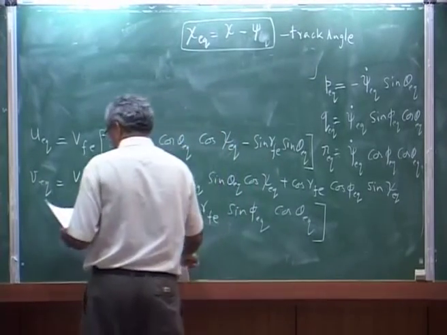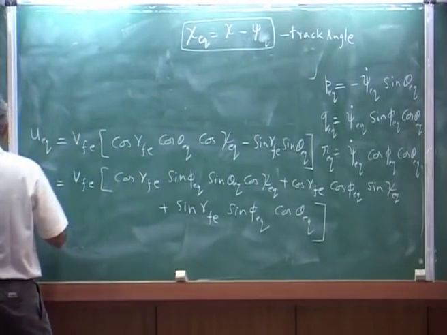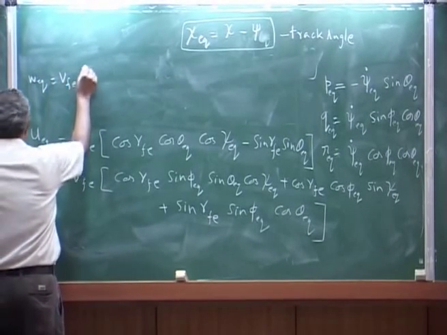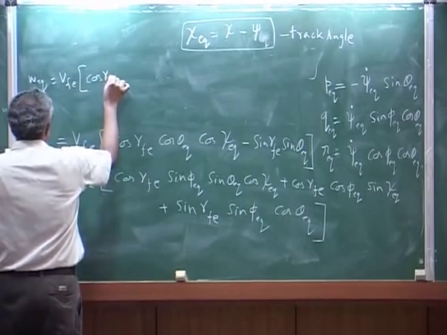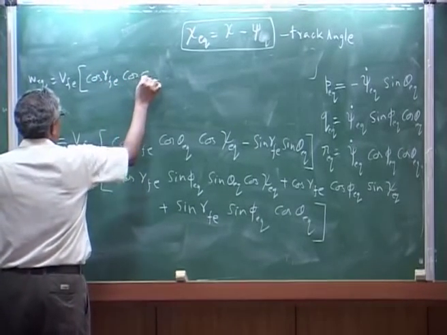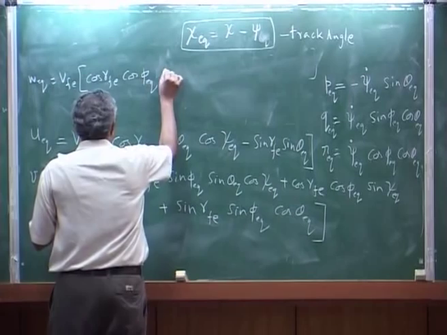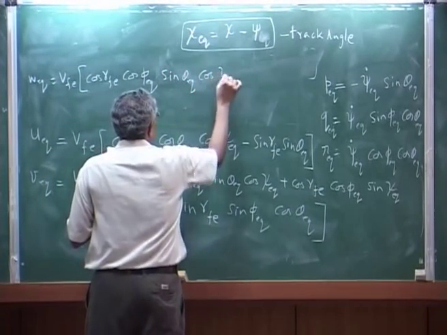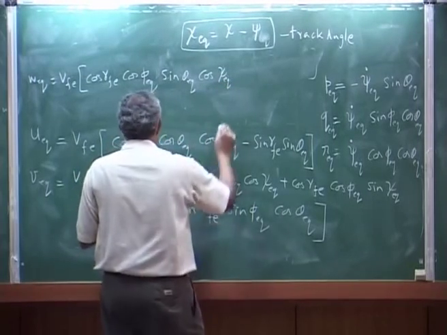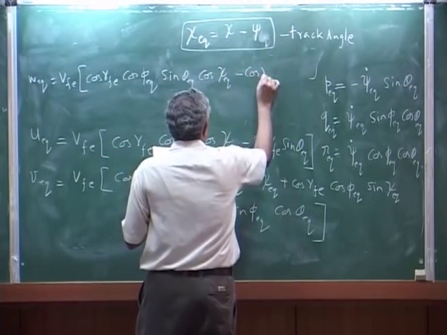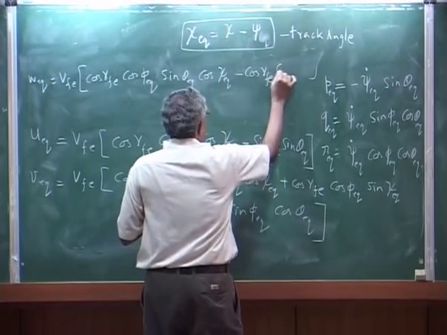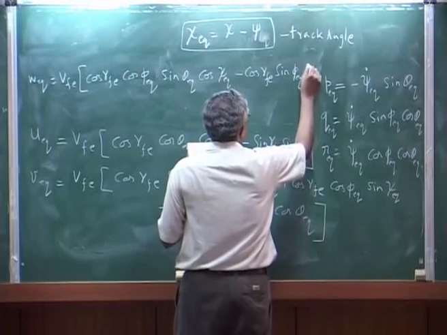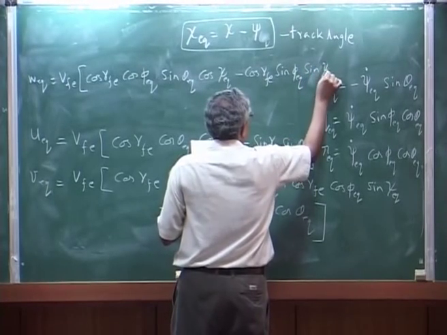Now, you will have W and your W equilibrium will be again VFE cosine gamma FE cosine phi equilibrium sin theta equilibrium cosine chi equilibrium minus cosine gamma FE sin phi equilibrium and then sin chi equilibrium.